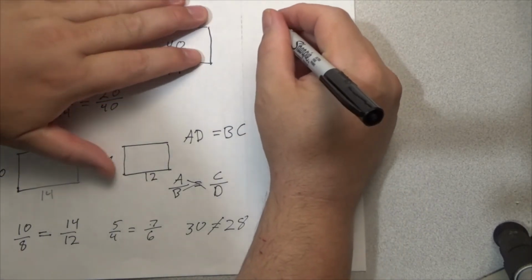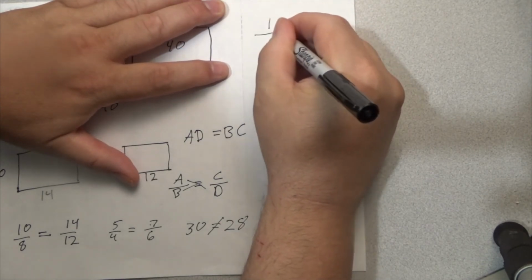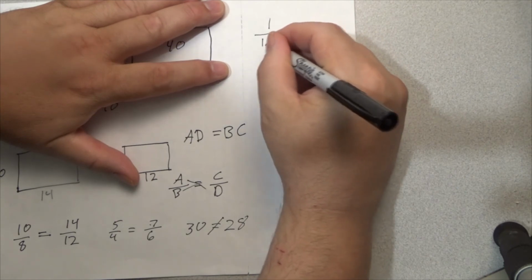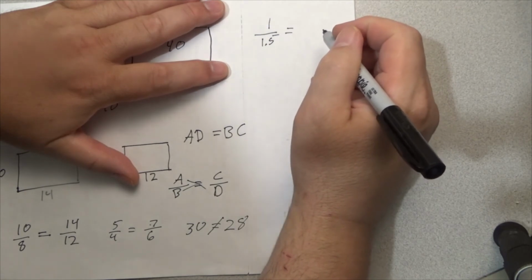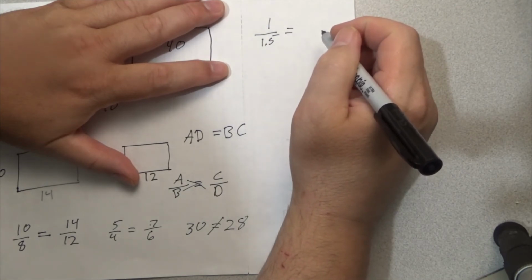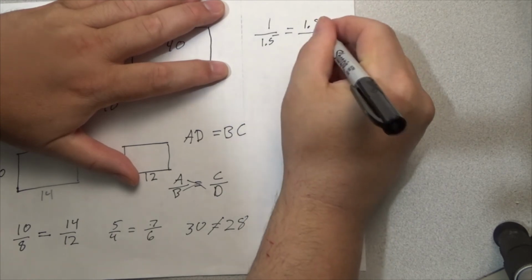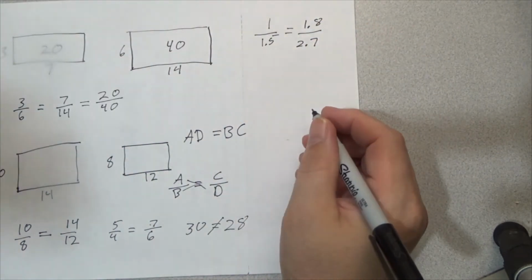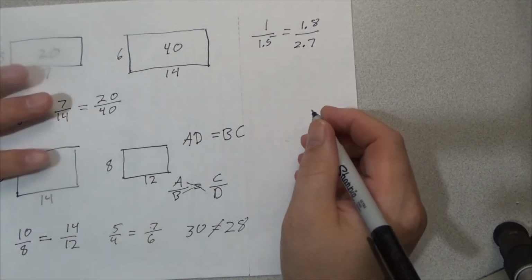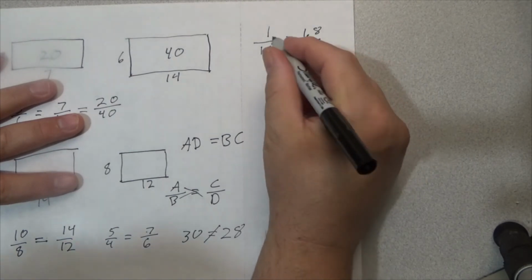I'm looking at DC, 1 inch, over HG, which is 1.5. Is that or is that not equal to AD over EH, 1.8 over 2.7? It might not look like it. It could be proportional, but a very sure way to find out is to cross multiply.